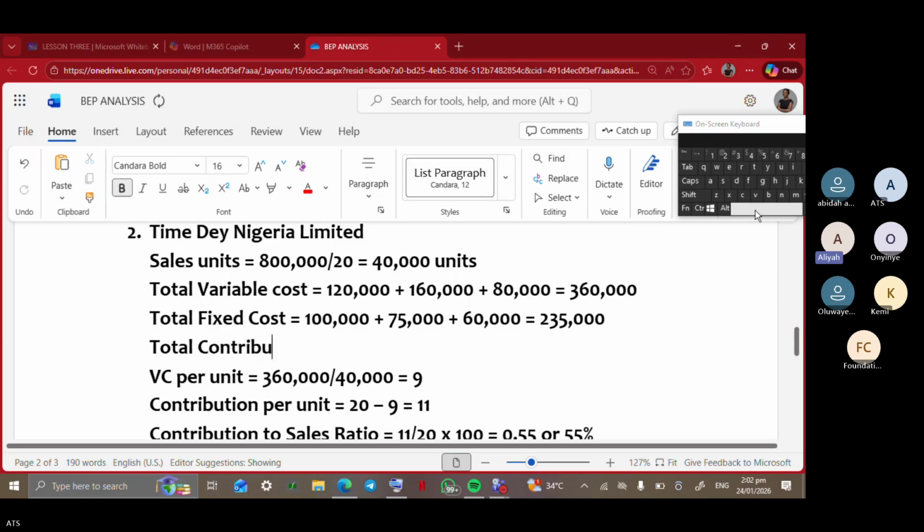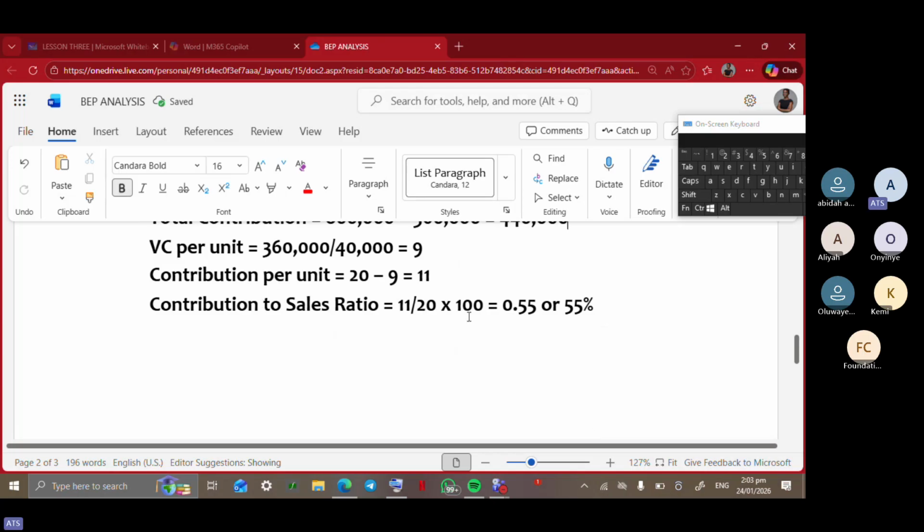It's sales minus variable costs, right? That's 800,000 minus 360,000, which is 440,000. If you do 440,000 over 800,000, it will give you 0.55. So it will either be total contribution over total sales, or contribution per unit over selling price per unit. Don't mix it up. I'm sorry about that.